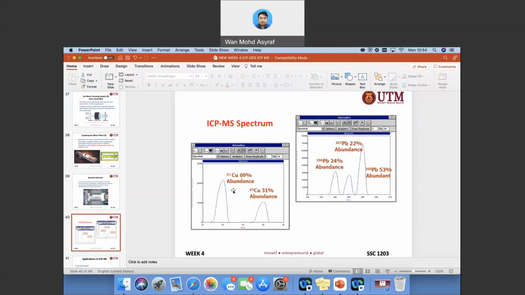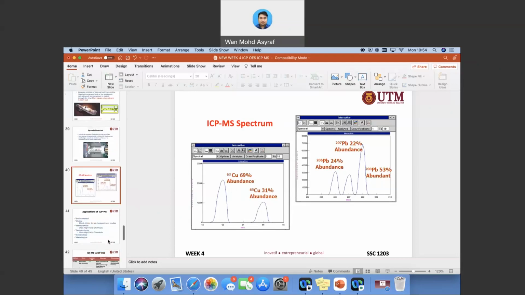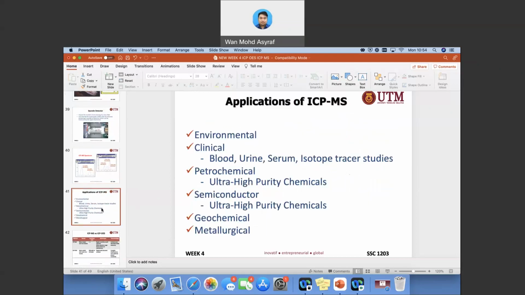So even though it is the same element, with the quadrupole mass filter it can detect different isotopes because of the mass.